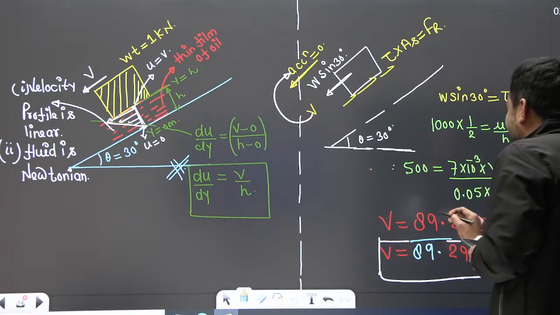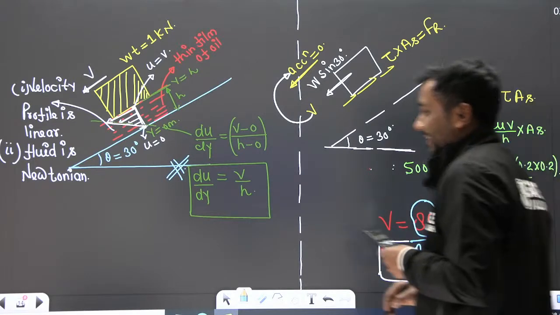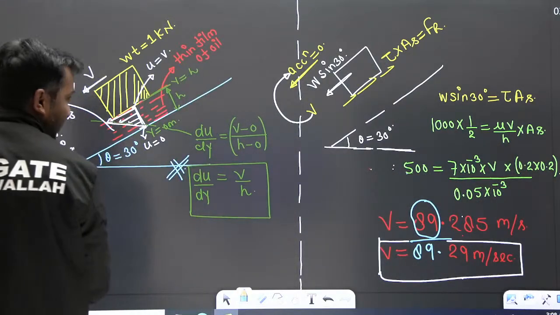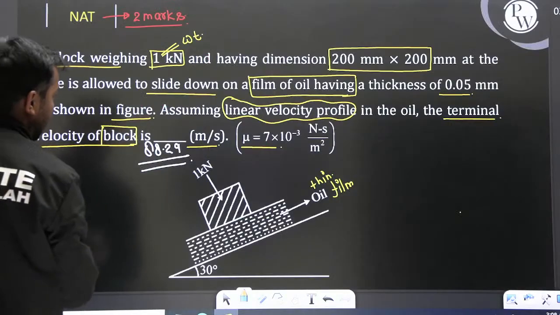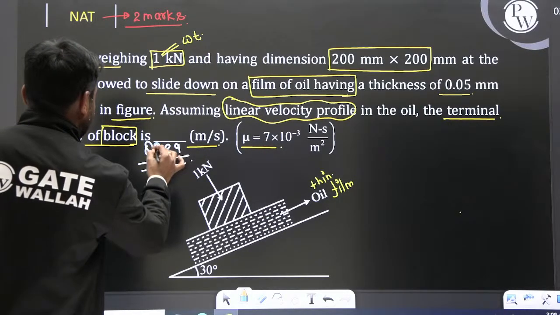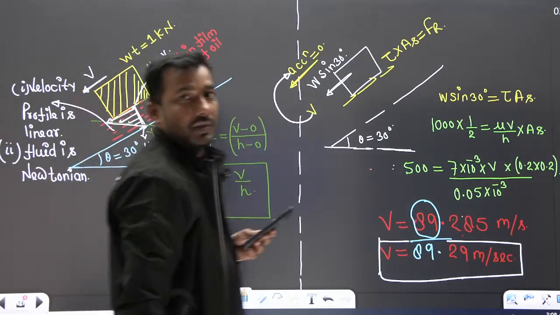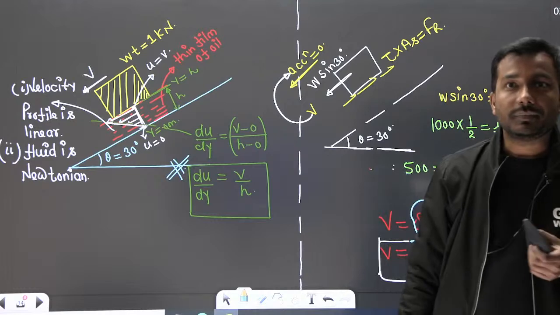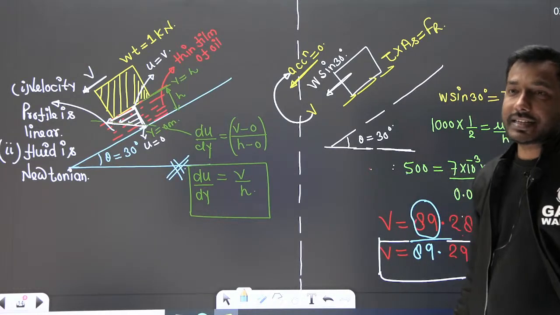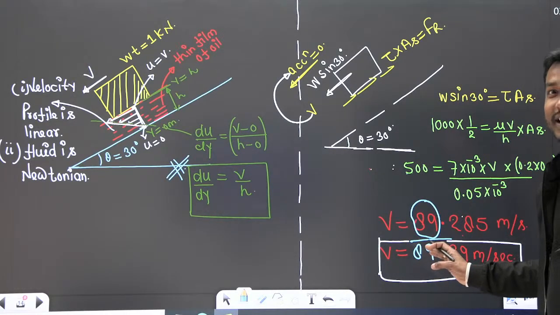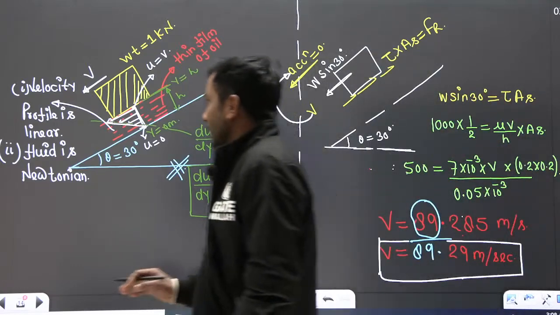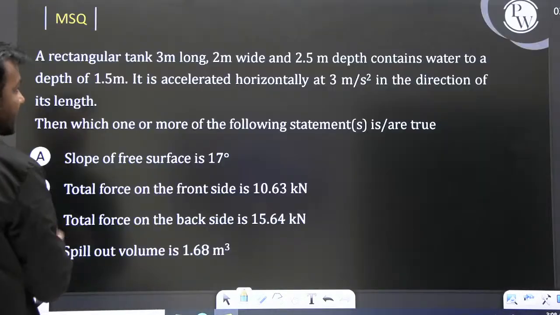Yes, at the top it is written 89 and at the bottom I have got 89. This is 89, not 88. Sorry for that. So let me move on to the next question.